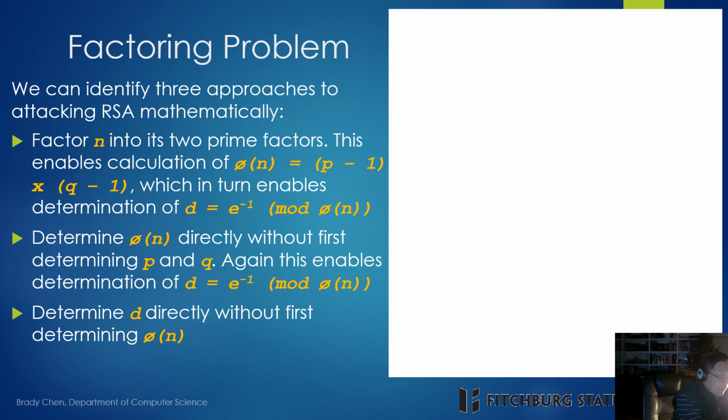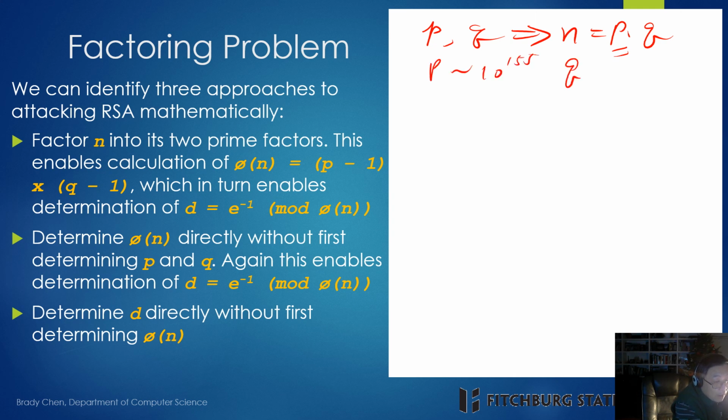So first, we pick p and q, right? And then we generate n, which is p times q. Now we know that p is big enough. p is approximately 10 to the 155, and q is approximately 10 to the 154. So n is some number in the neighborhood of 10 to the 309.